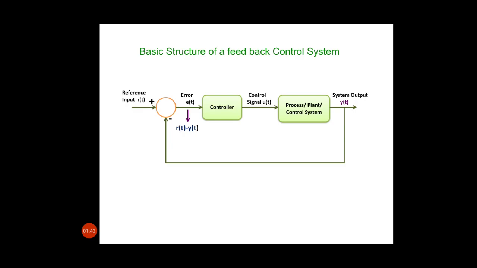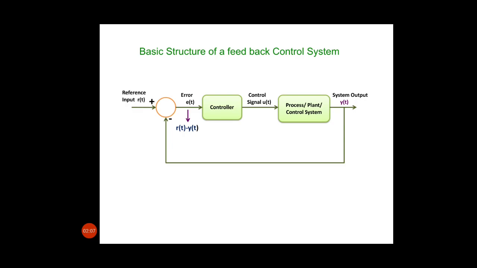When the controller calculates the system input and provides it to the system, the function u of t is then called the controlled input. So this is the broad visualization of a closed loop control system with feedback.